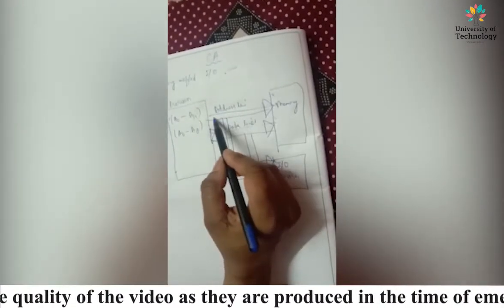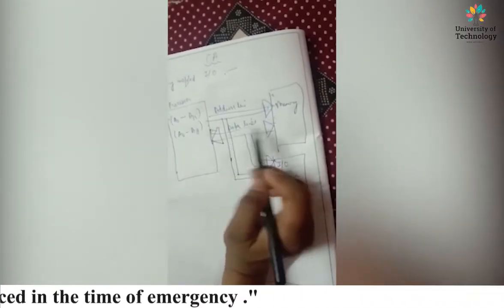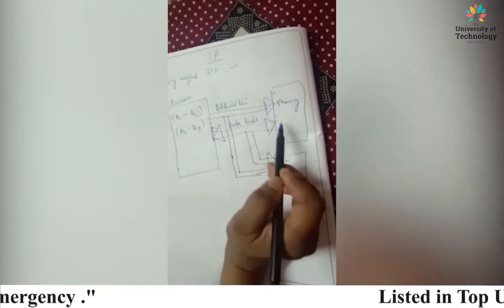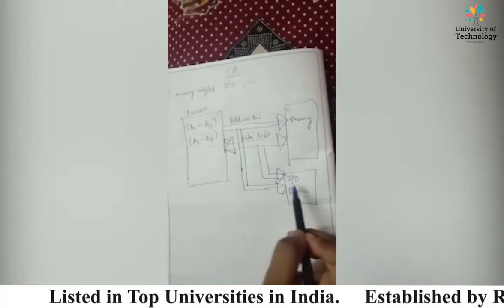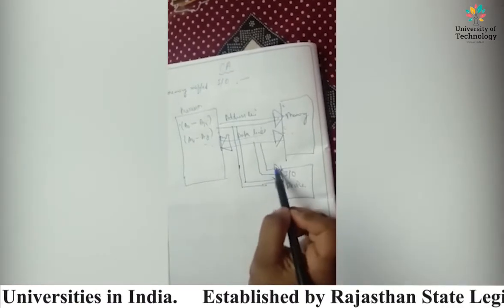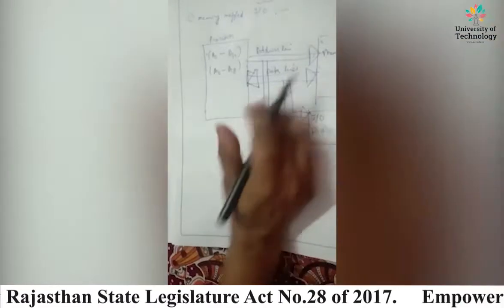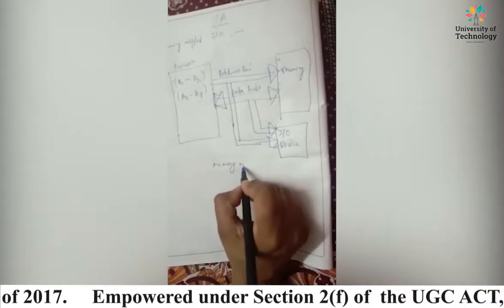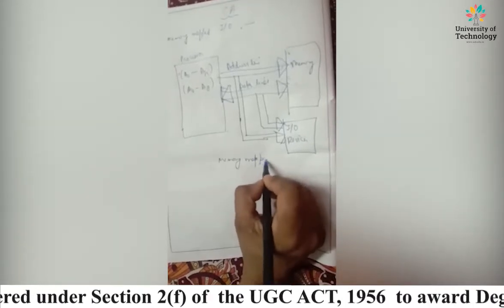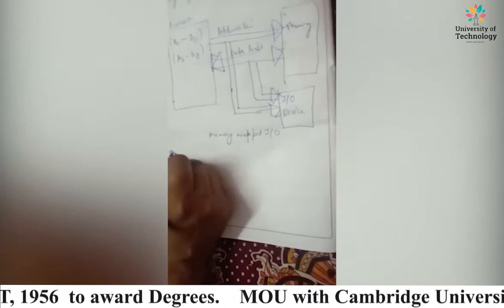The address line connects the processor to the memory, whereas the data line connects the processor to the memory and the memory to the processor, vice versa. And again the address line is connected to input output devices and the data line is again connected to the input output device. So this is memory mapped input output.